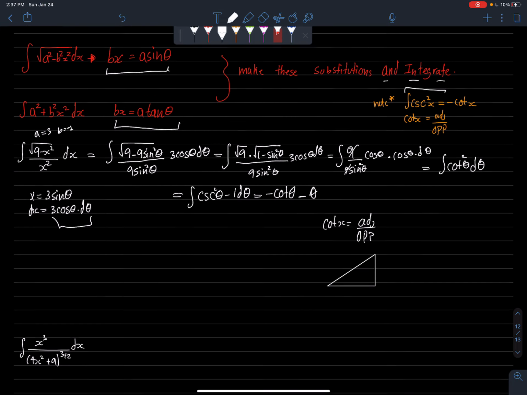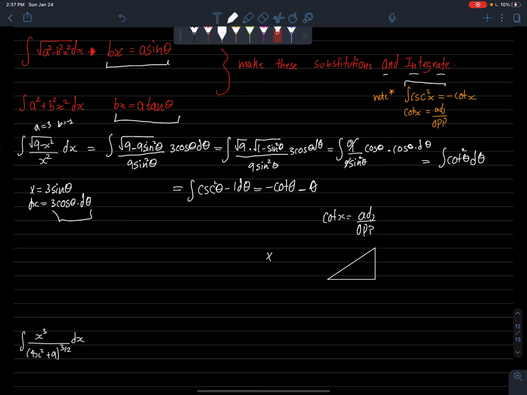Okay, so our substitution was x is equal to 3 sine theta. So x over 3 is equal to sine theta, and sine is opposite over hypotenuse. So the hypotenuse is 3, this is theta, and the opposite side is x.